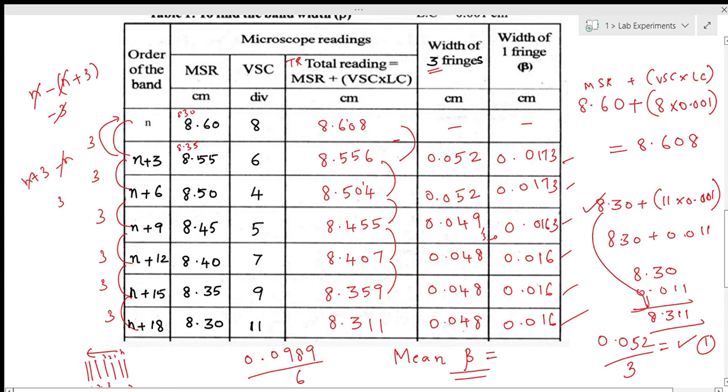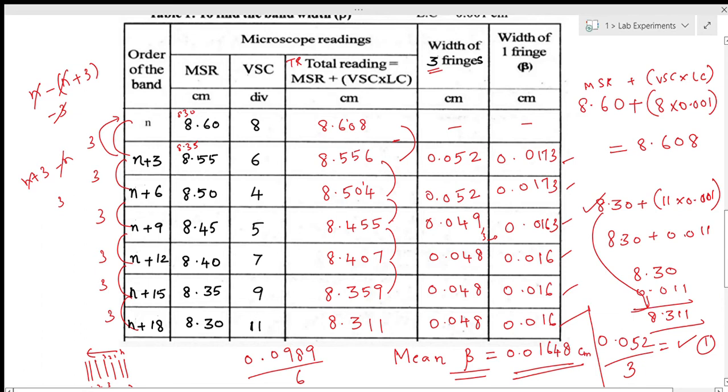Add all these, you will get a value. Divided by 6, I got 0.01648 in centimeters. So this is the mean fringe width value.